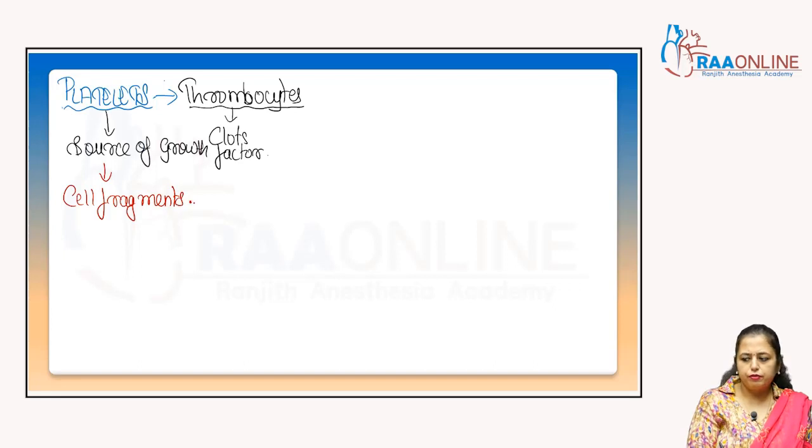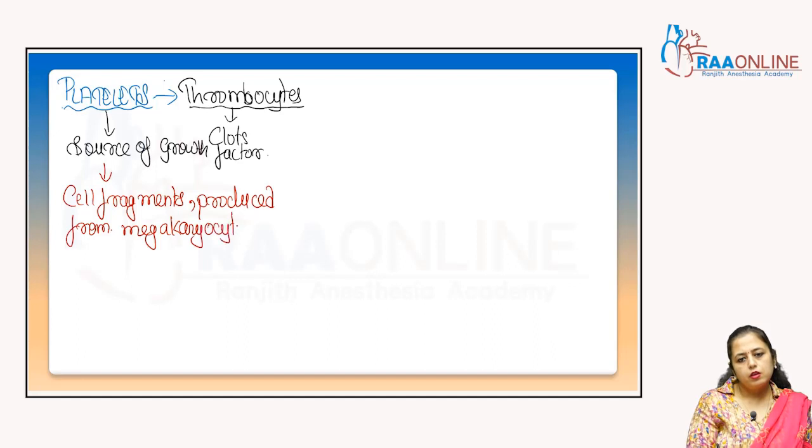They are the cell fragments produced from the megakaryocytes. These are the platelets, the source of growth factor, the cell fragments produced from the megakaryocyte. This is a question of pre-medical, clear?